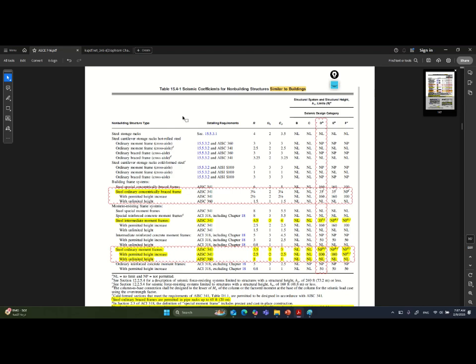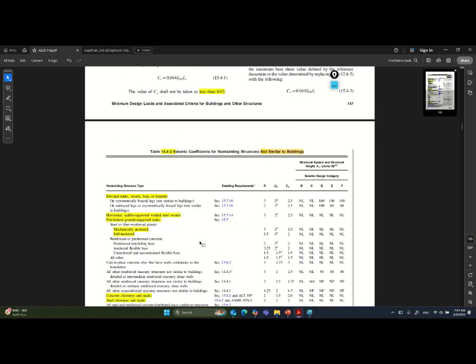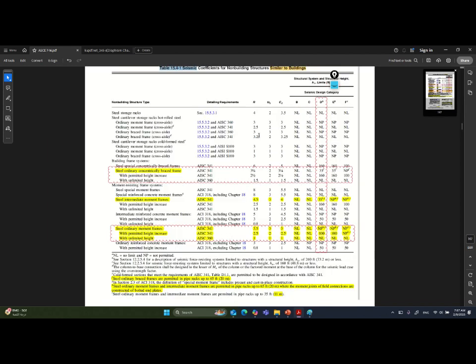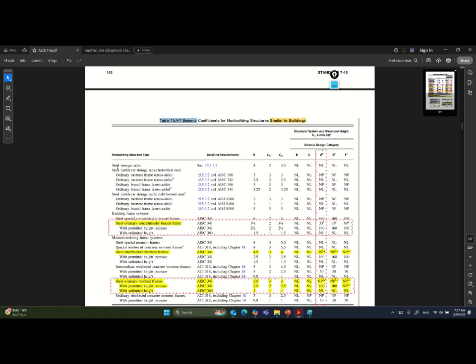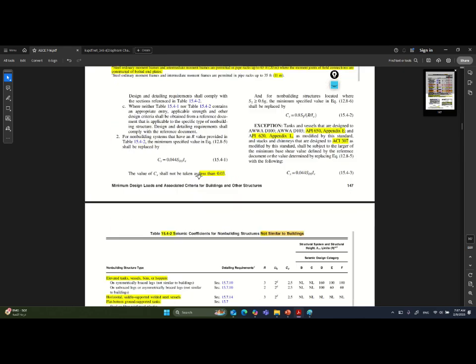Also there are two tables. One of these tables is for similar to building, the other one is not similar to building, so depending on which structure, as a non-building structure, you are similar to building. So if you have steel storage racks and so on, you can use this. If you have pipe racks, you can use this steel process structure and so on.